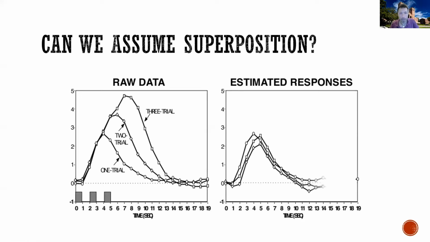Turns out that's not the case. The one with the little circles is the observed response to just 1 trial. The one with the diamonds is the inferred response to the second trial. And the number 3, which you're seeing here in the squares, is the inferred response to the third trial. And as you can see, they are different.